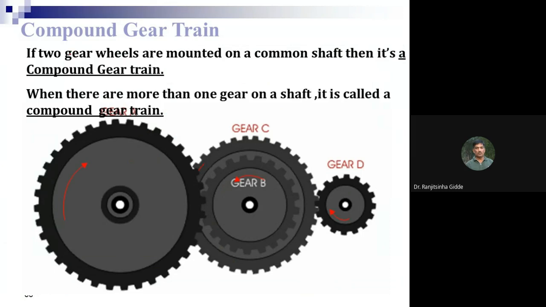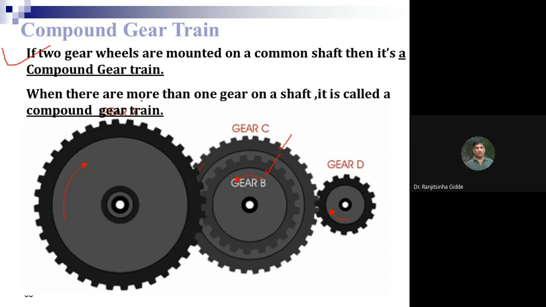If two gear wheels are mounted on a common shaft, then it is called a compound gear. This is a shaft, shaft number 2, on which gear B and gear C are mounted.